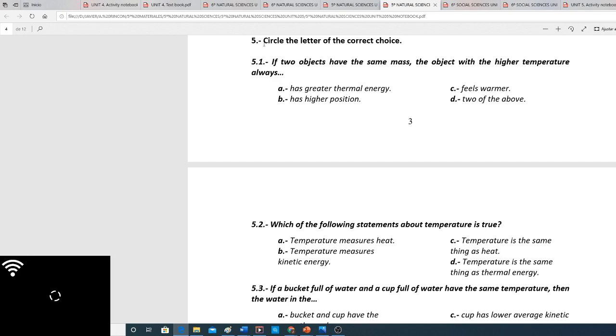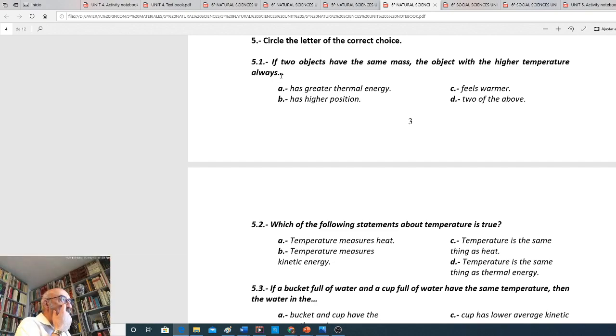If two objects have the same mass, the object with the higher temperature always, and you can choose between A, has greater thermal energy, B, higher position, C, feels warmer, D, two of the above. The answer is D. D is correct because A and C are right. The object with the higher temperature has greater thermal energy and feels warmer.